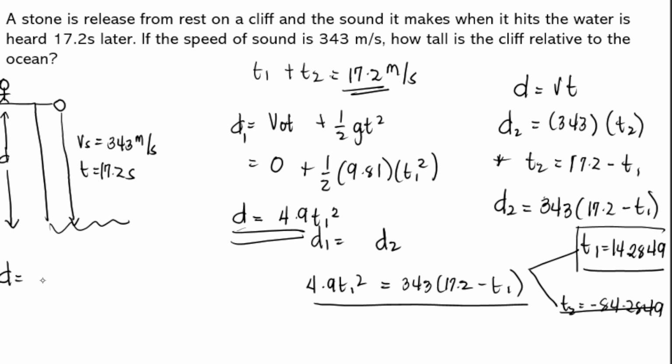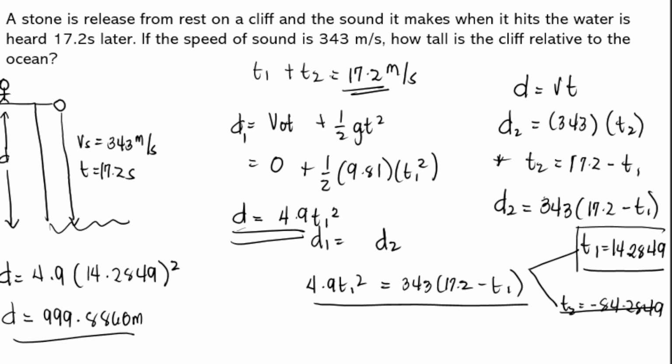So, this D is equals to 4.9 times T1 squared, which is 14.2849 squared, and the answer would be approximately 999.8860 meters. Okay, so that is for free fall. Okay, next problem.